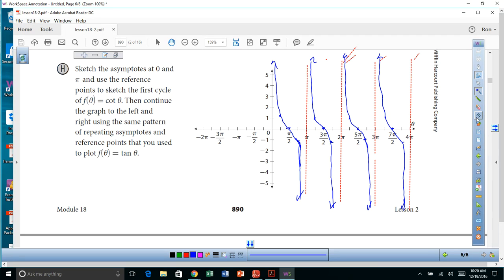And subtract pi from that, negative pi. Subtract pi again, and another negative pi. So we're going to have here, here, here, here, here, and here.